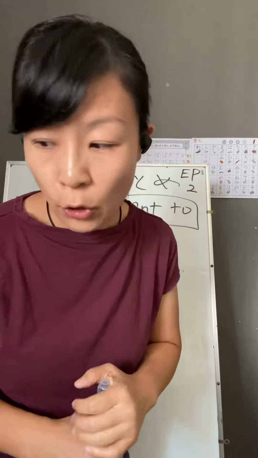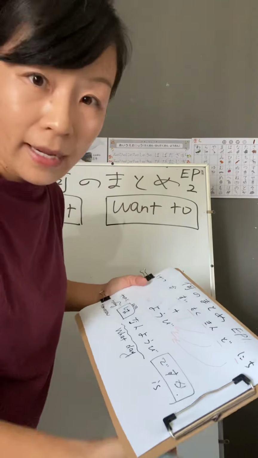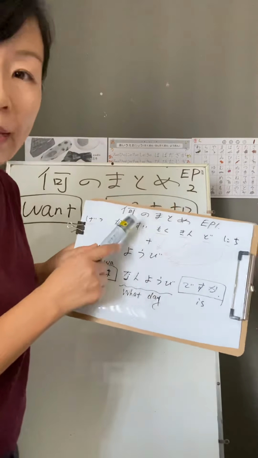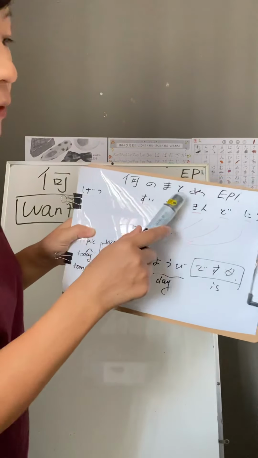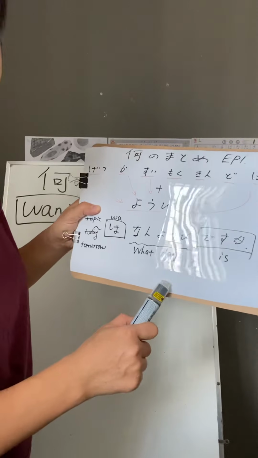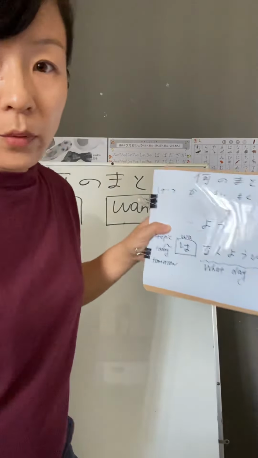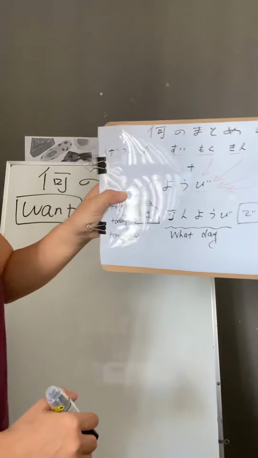Remember? 何曜日. Yeah, 何曜日, okay? So 前回は何のまとめね、何曜日 what day を勉強しました. Okay, so let's quickly review the 7 days of the week. いいですか? Can you see my board very well?